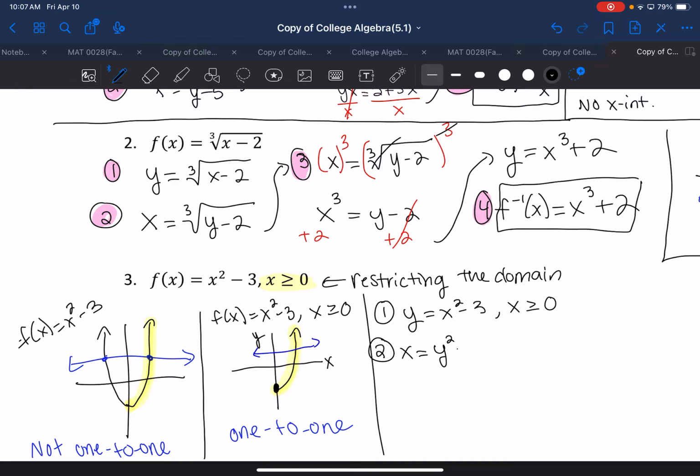So this will be y squared minus 3. But here, because this x in step 1 was supposed to be greater than or equal to 0, now I need to make this y greater than or equal to 0. If I switch the x and the y, then I need to switch that restriction now for y.